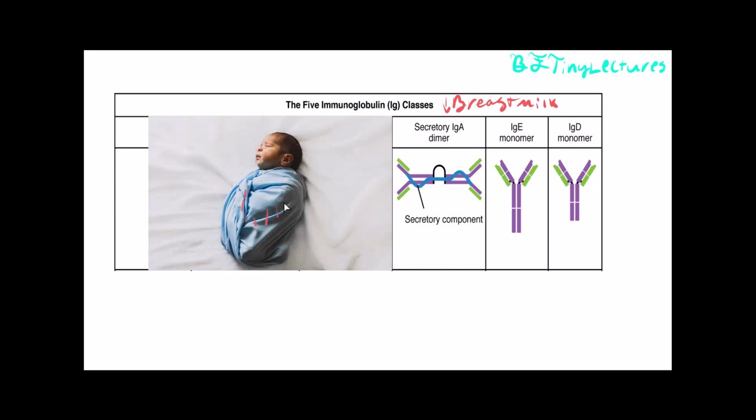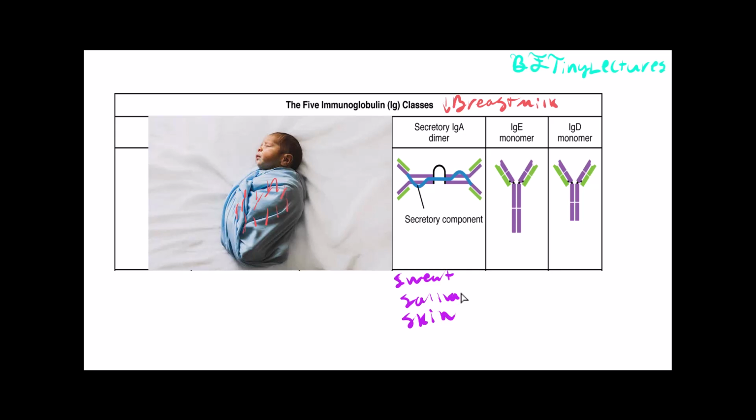So now the baby has a stronger immune system thanks to the mom breastfeeding the baby. An easy way to remember IgA is to say, "Aww," because when you see a baby, you go, "Aww, it's so cute," you know? So IgA, IgA. Not only that, but IgA can be found inside the sweat glands. So it could be found in sweat, saliva, and the skin.